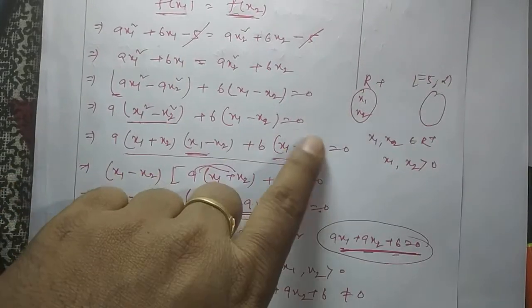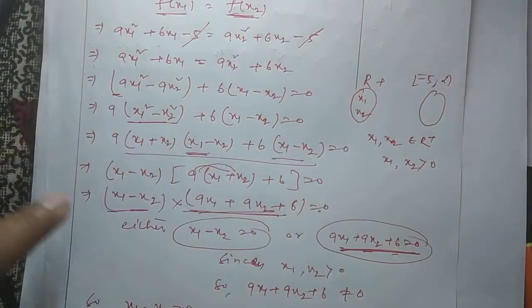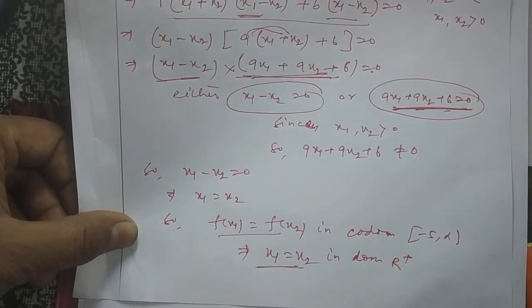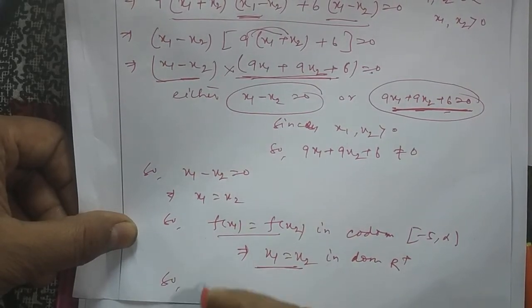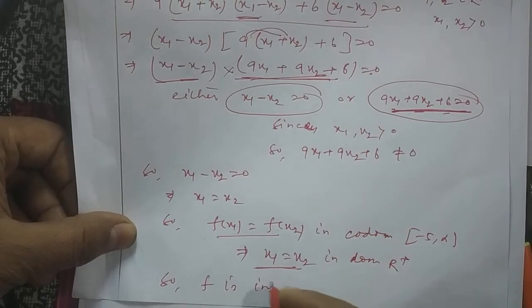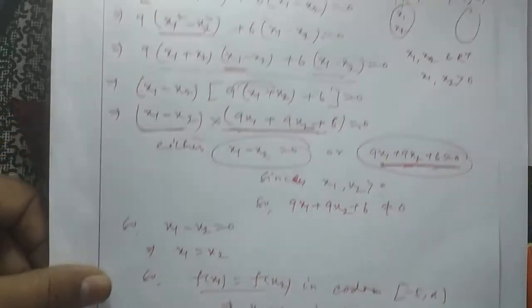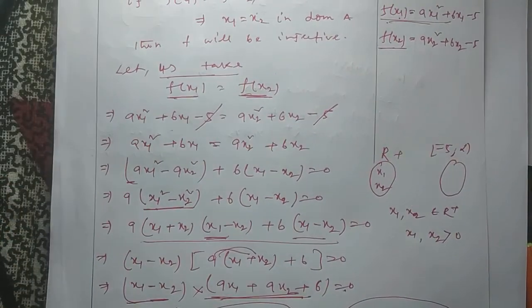Here the domain is R plus. So it is simply following method 2 for injectivity, so you can say f is injective.